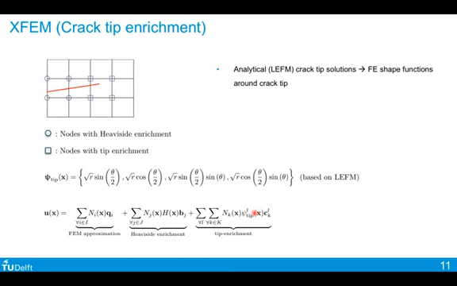So the basic idea is to make use of available analytical information on the displacement field near the crack tip to enrich our finite element shape functions. However, this analytical tip enrichment is not always available for generic material. It is available for isotropic materials, but for anisotropic material, for instance, for composites, it is generally not available.